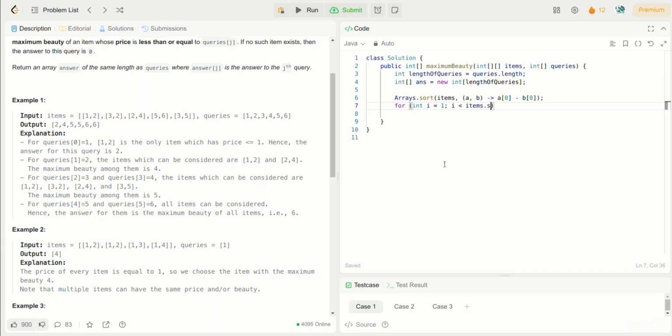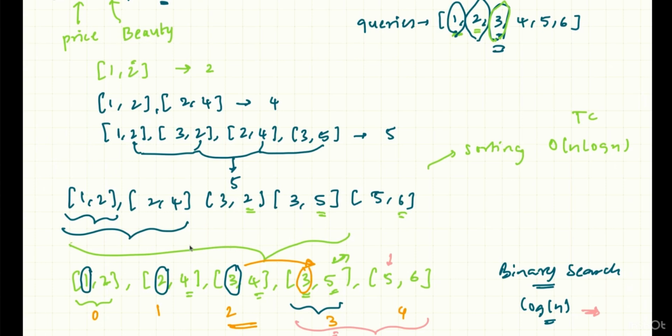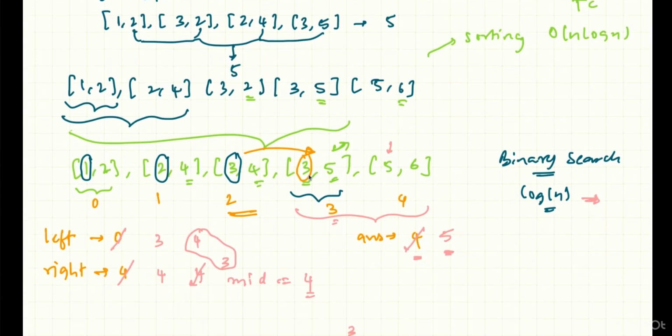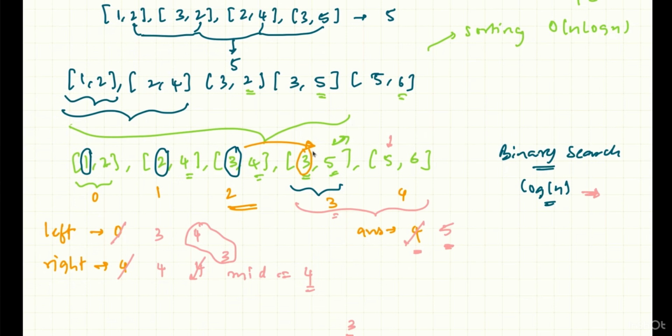So for int i equals 1, i less than items dot length, i plus plus, items of i comma 1, the beauty, is basically the maximum of the current beauty, which is items of i of 1, and the maximum beauty so far, which would be present in the previous element. So now I have updated my array and formed a new array with this desired condition.